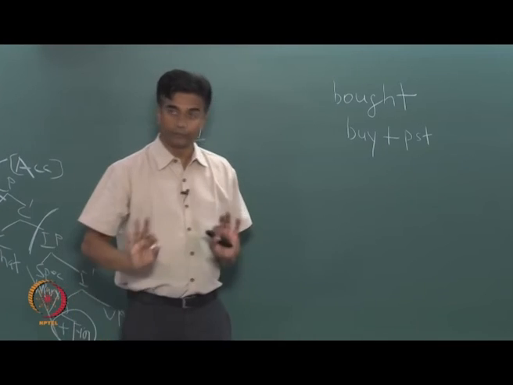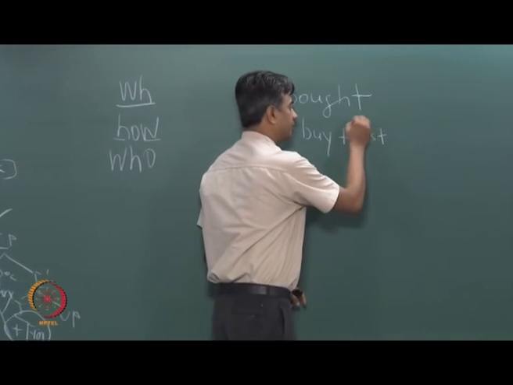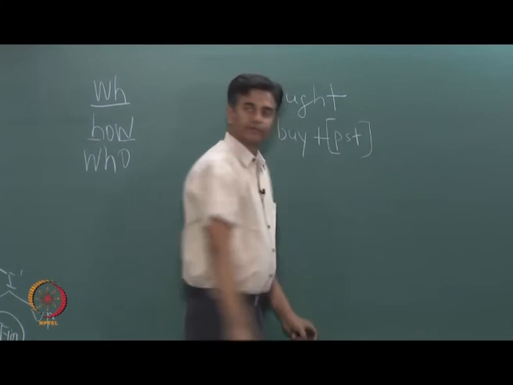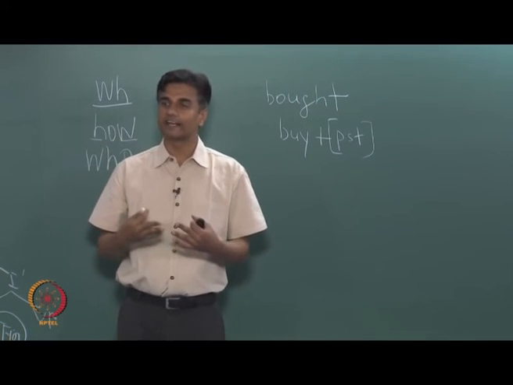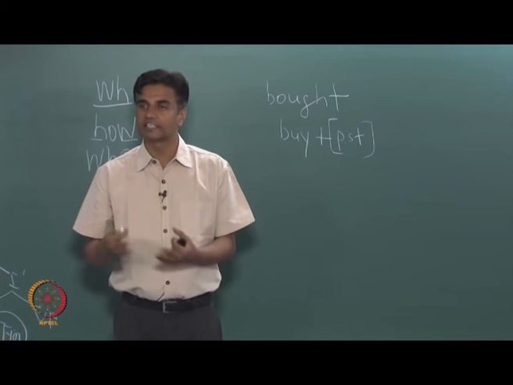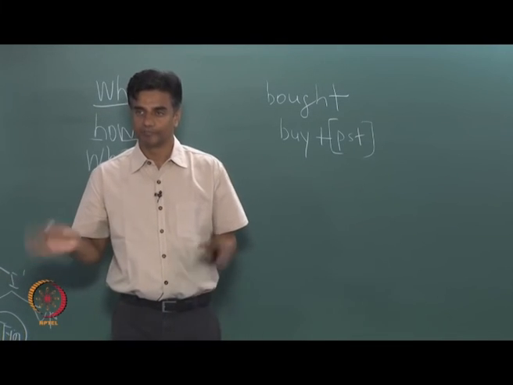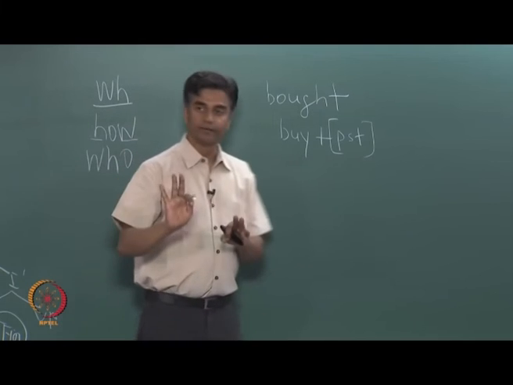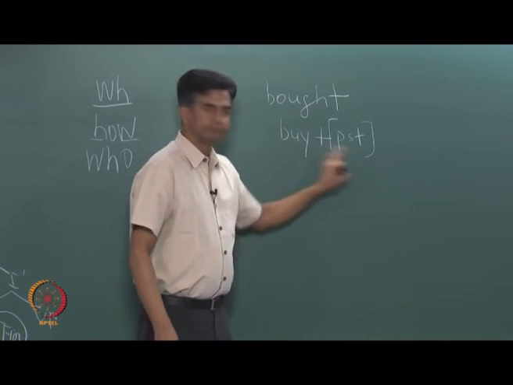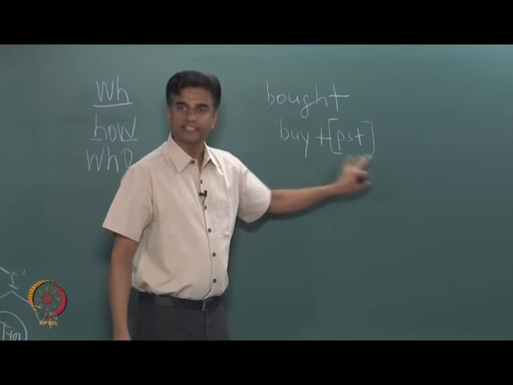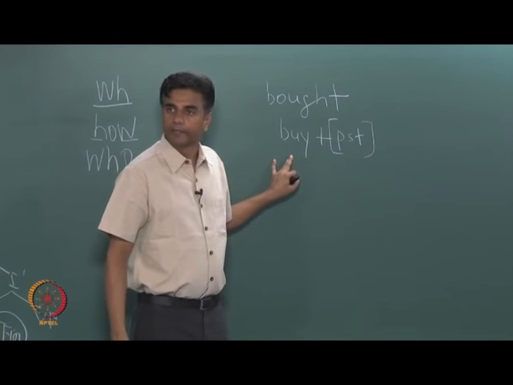Now, if you remember earlier discussions where I have also told you that sometimes tenses are visible and sometimes tenses are not visible, and we left our discussions right there. In this case, we have tense and the verb buy.